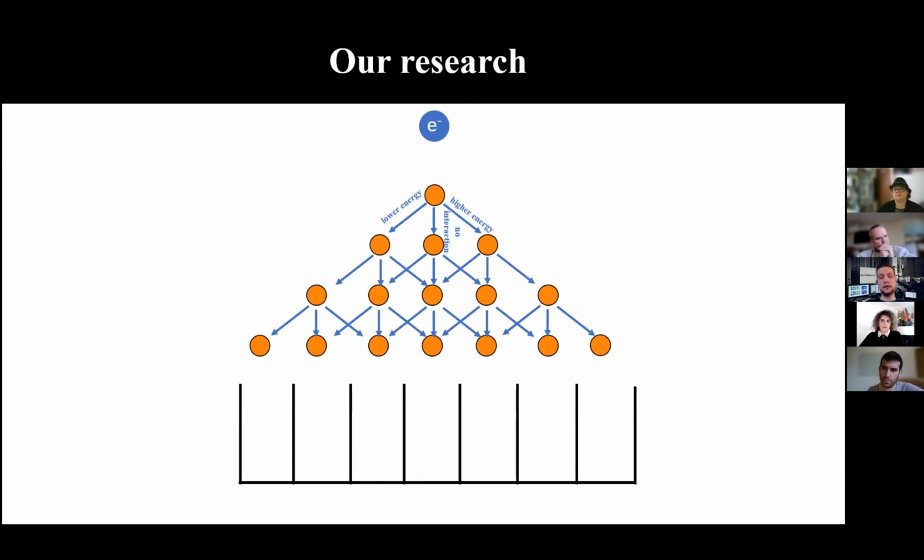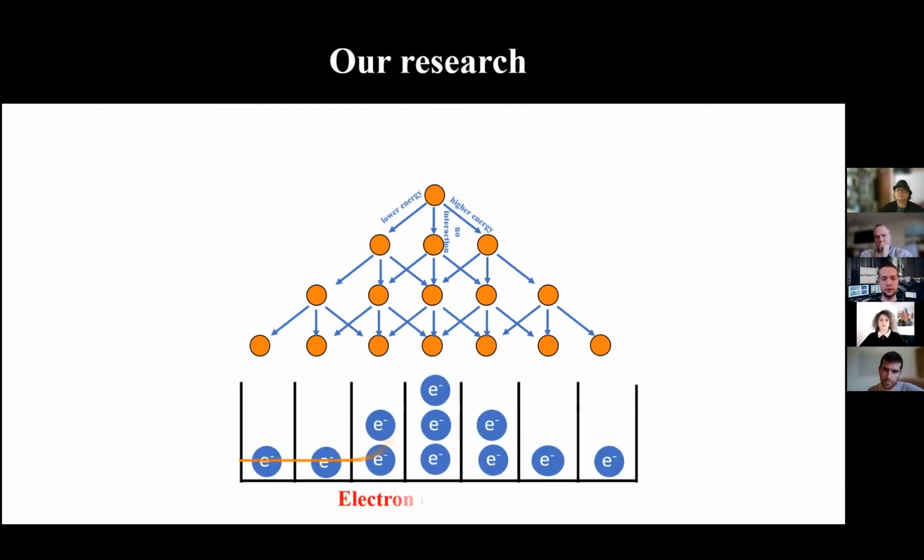If we now consider interaction with many photons, it forms such a triangle. Interaction with each photon has three possibilities as we discussed before. Here we can see one of the possible routes of an electron after the interaction with many photons. The bins below define the final energy of the electron after the interaction with many photons.